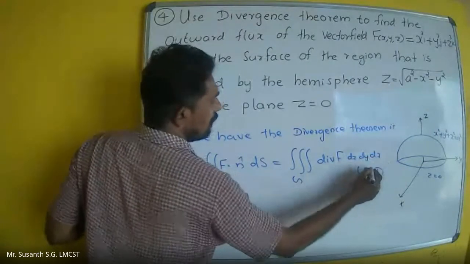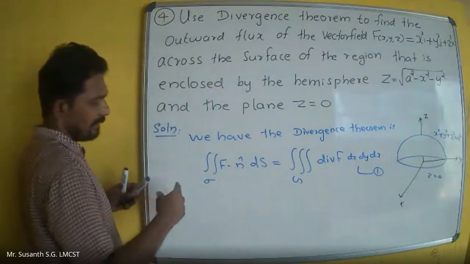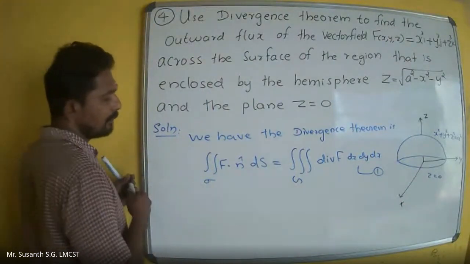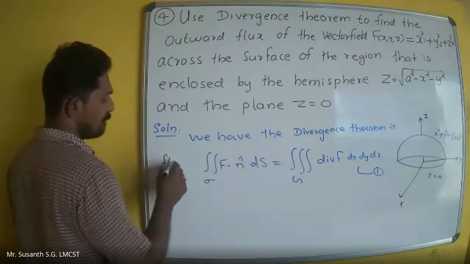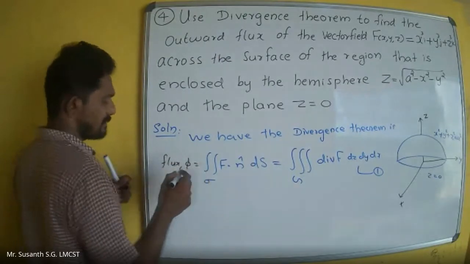This is equation number 1. The left side, the double integral over sigma of F · n ds, is the flux. So flux phi is equal to this.